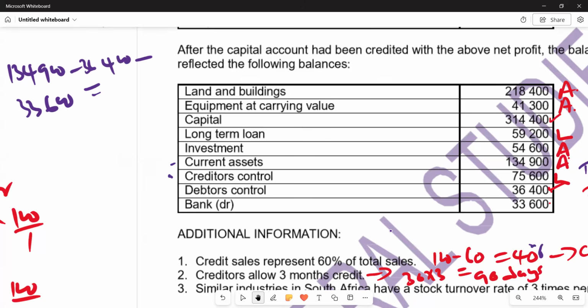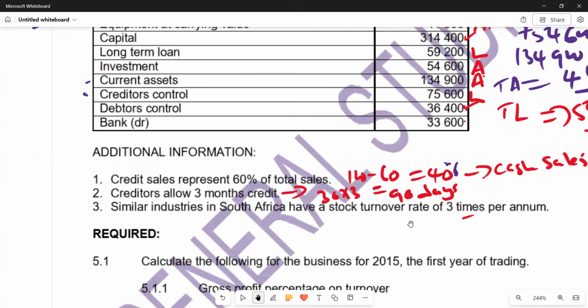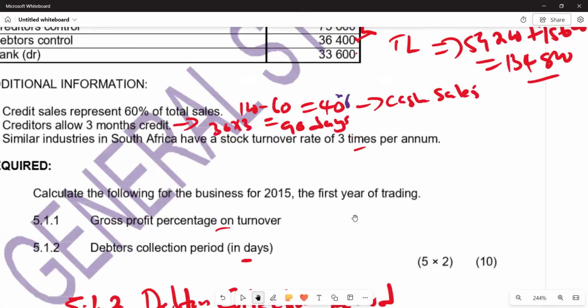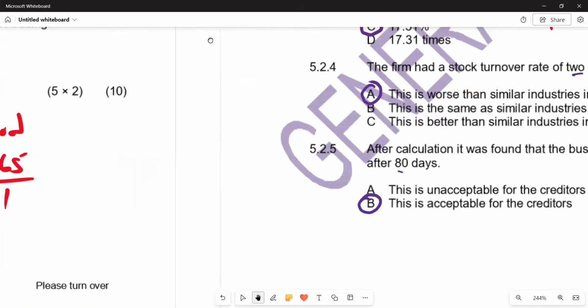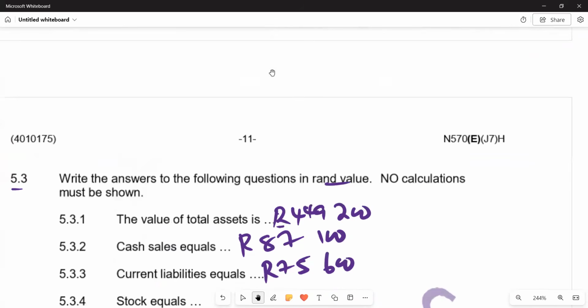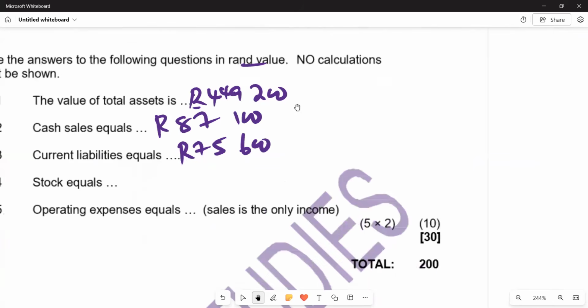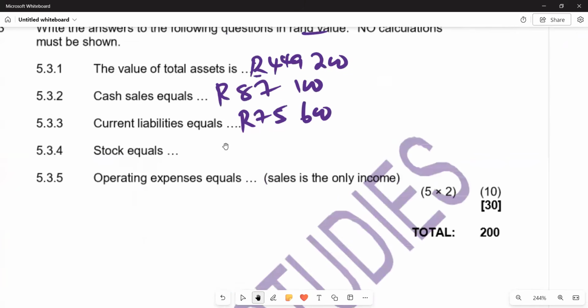And then you subtract again 33,600. So you're going to get your 64,900. So this is going to be your figure for stock. Remember, the question is just requiring an answer without any working. So we can just go and put that one. Stock is equal to 64,900.